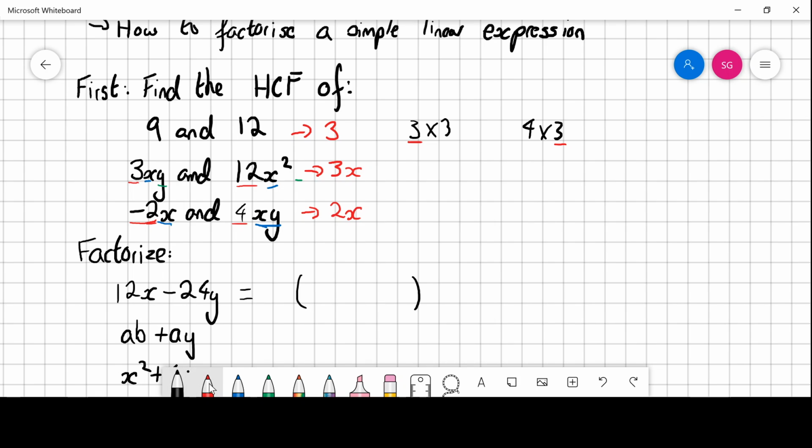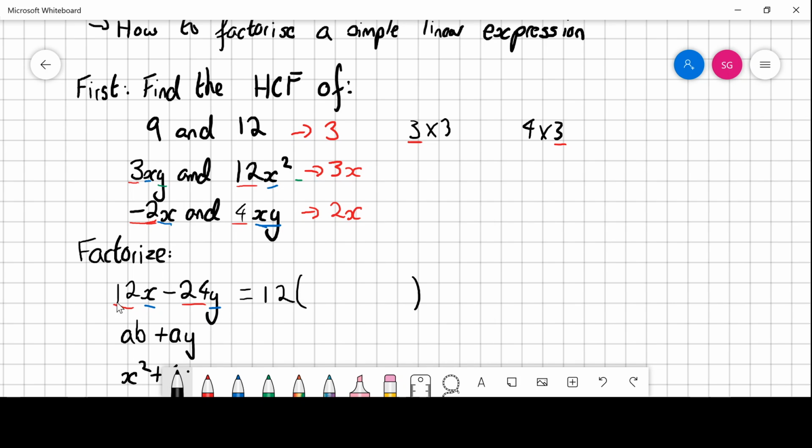So what is the highest common factor of 12 and 24? That's 12, right? So 12 divides 12, 12 divides 24, so 12. Can we divide both x and y by anything? We really can't. So again, we're just doing that process of looking at first the coefficients and then the variables.